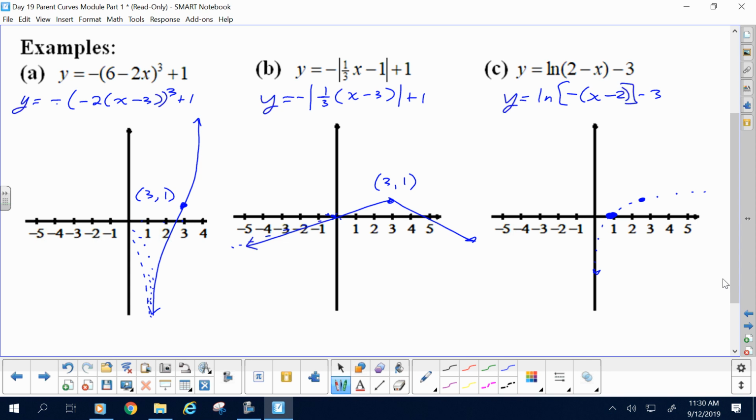Yes, question. Why was the -1 inside multiplied by 3? Isn't the 1/3 already pulled out? Are we looking at B? Oh, that's A. Are you talking about this? So it's 1/3 x minus 1, then right below you have 1/3 of x minus 3.